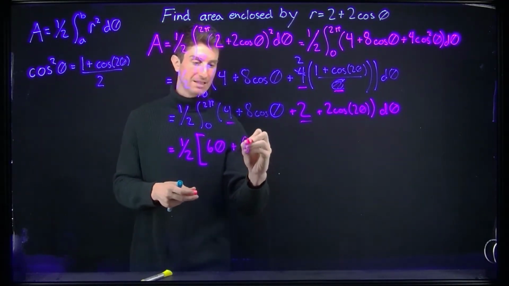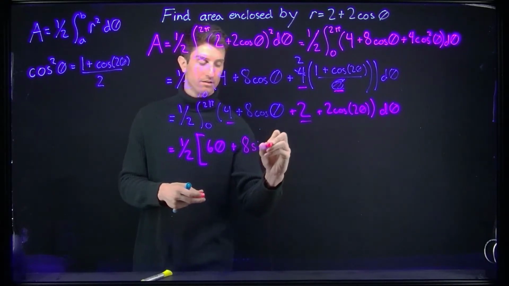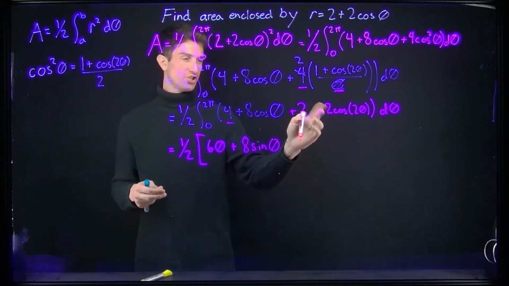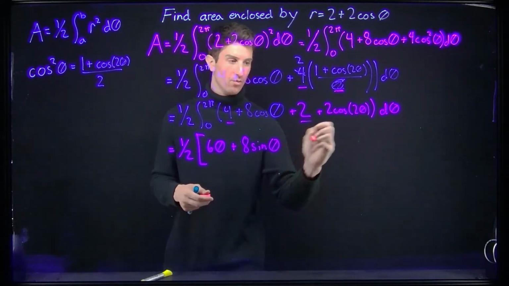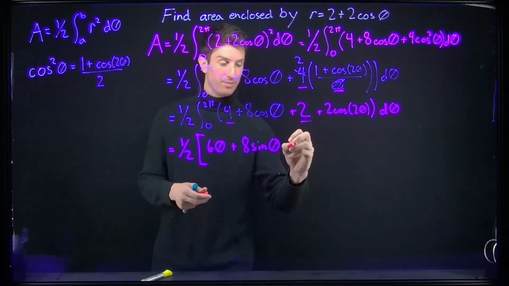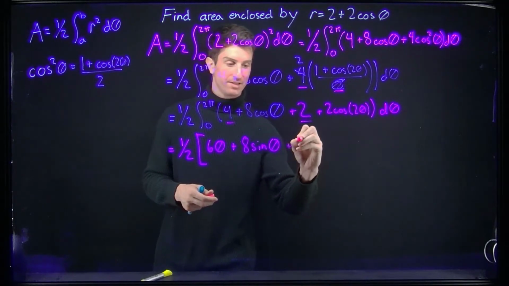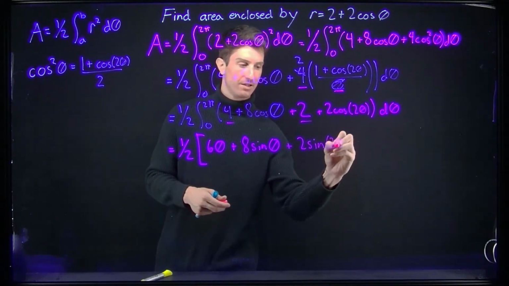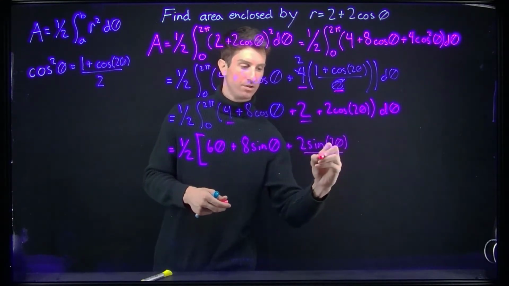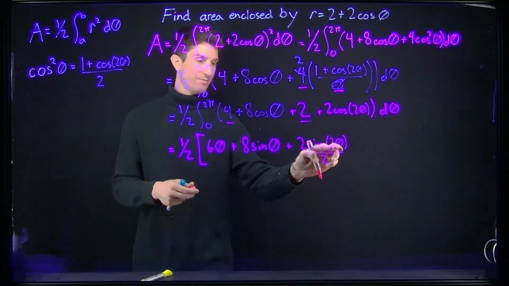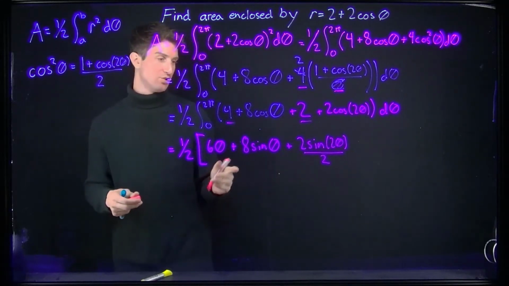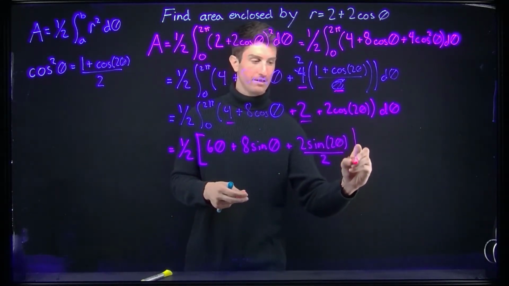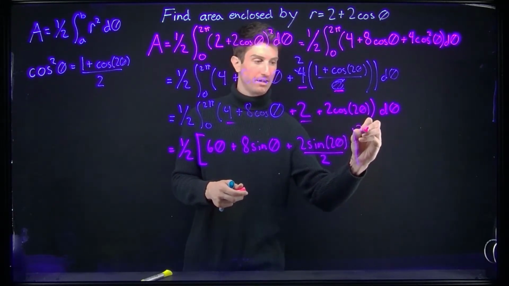It comes from a positive 8 sine. And right here's this reverse chain rule. Where does a positive cosine come from? Again, a positive sine. So we end up with plus 2 sine of 2 theta over 2. Divide by this inside value, the derivative of 2 theta, 2. And we need to evaluate from 0 to 2 pi.